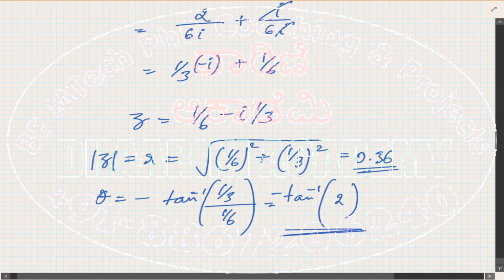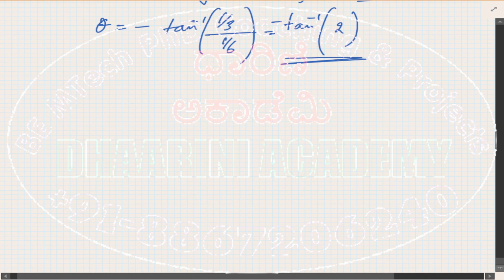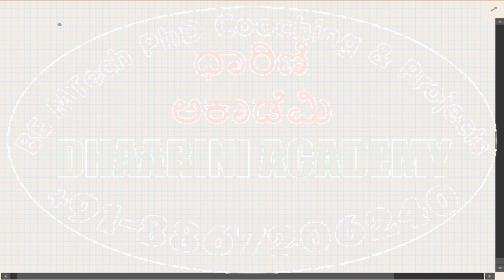Next question. 8 minus 4i divided by 2 plus 3 plus 2i the whole square.